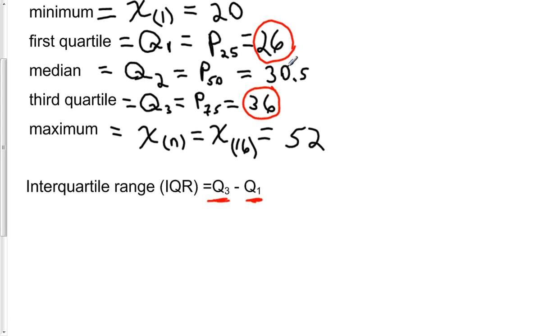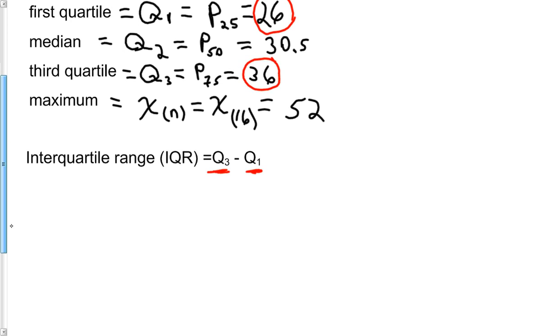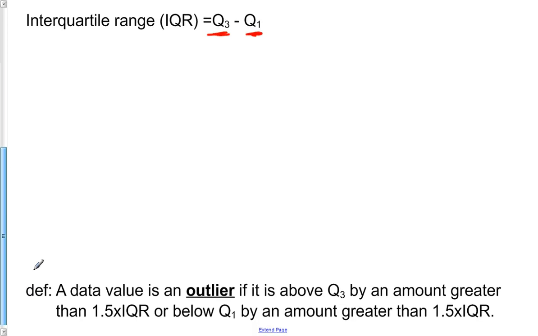So the difference of 36 and 26 is 10. So our interquartile range is 36, which is Q3, minus 26, which is Q1, and this is equal to 10.